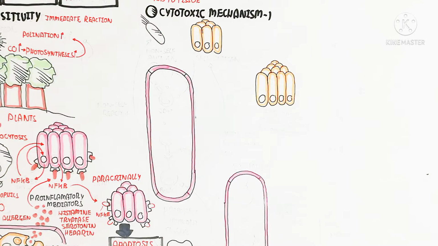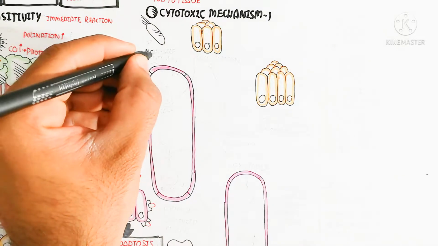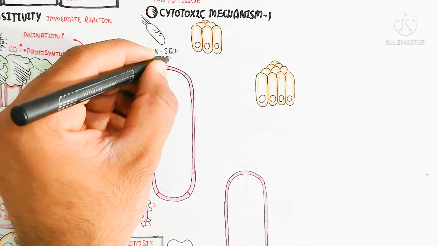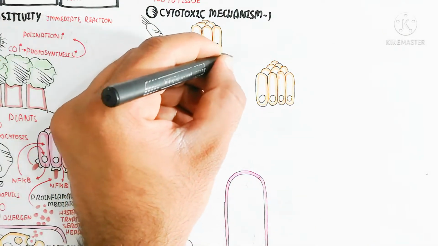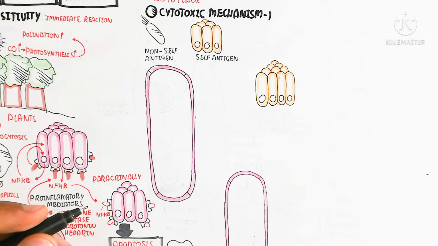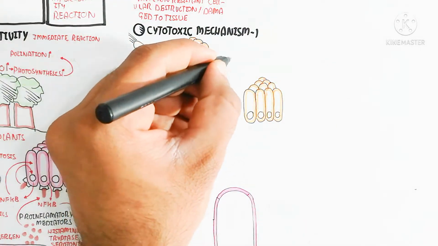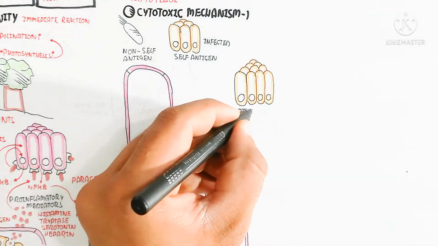In this way, here are the non-self and self antigen. For example, the self antigen is our tissue, while the non-self antigen can be bacteria or a virus. So here is the infected self antigen.